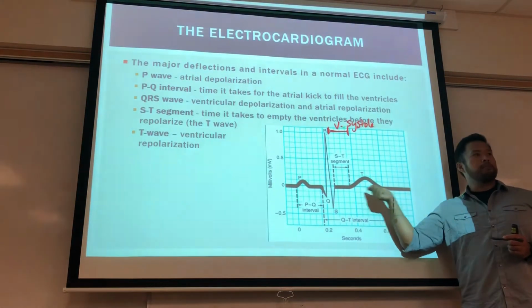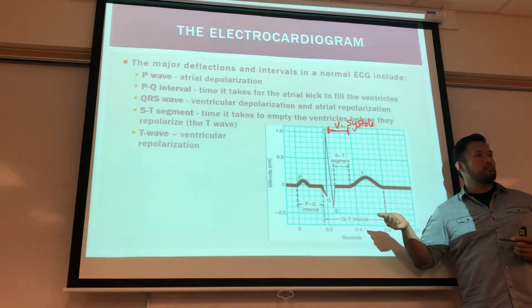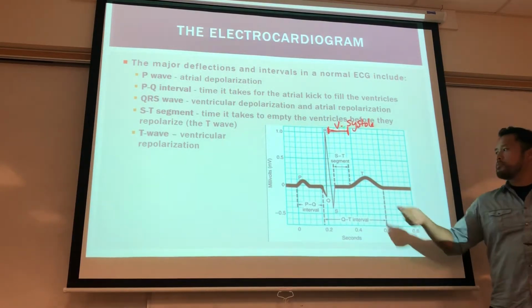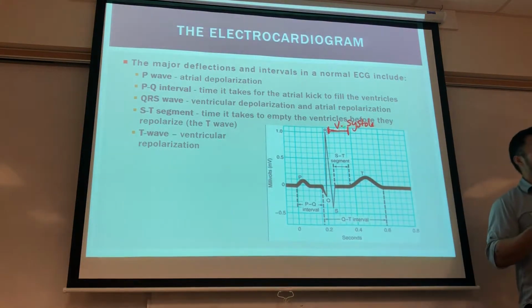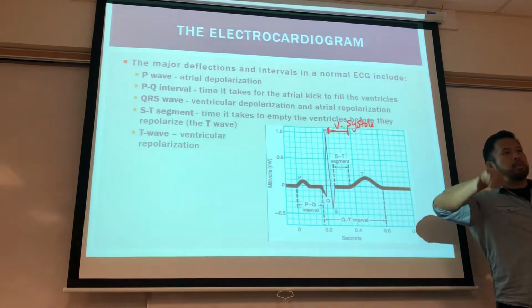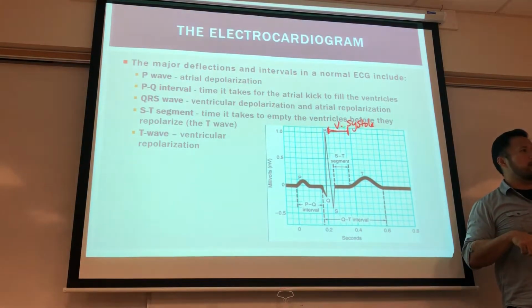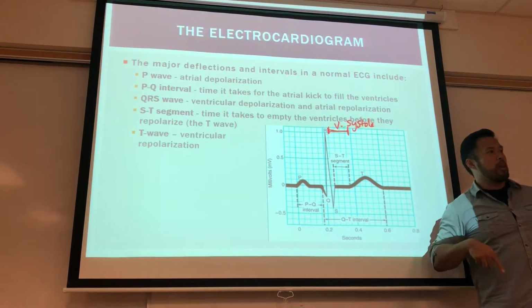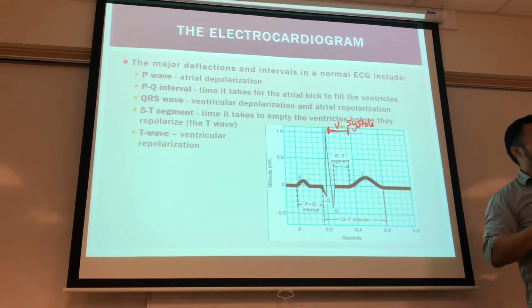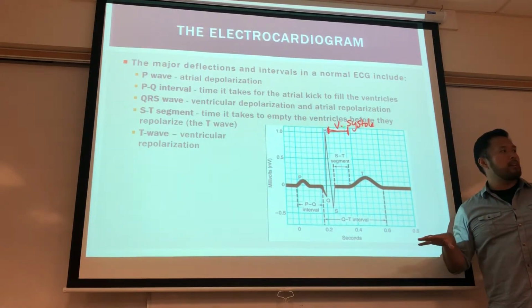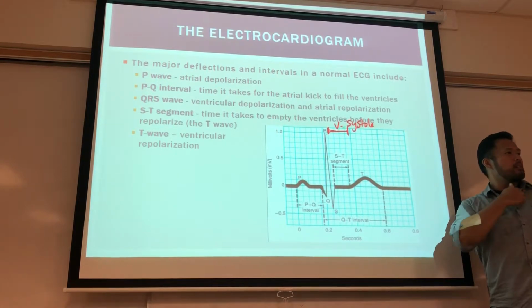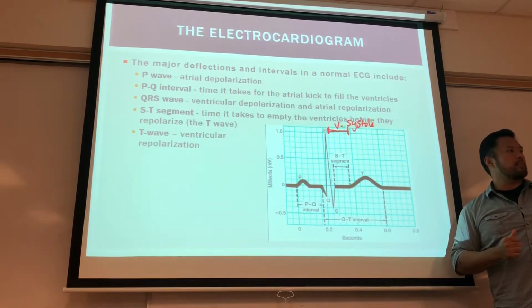If you can't get enough blood out of the ventricles, that means there's not enough blood flowing through the systemic circuit. So you've got reduced output out of the heart, not providing enough blood. And they can see that just off a bunch of electrodes placed on your chest.